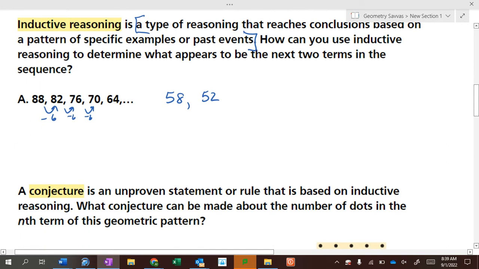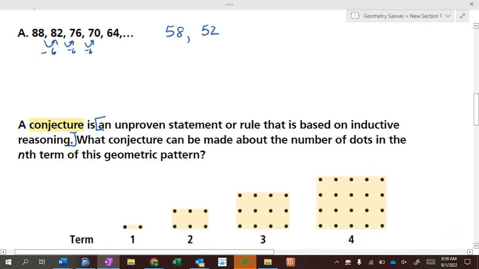Okay? So, what we're doing is we're making a conjecture, an unproven statement or rule based on inductive reasoning. A conjecture, vocab word, is an unproven statement or rule based on inductive reasoning.